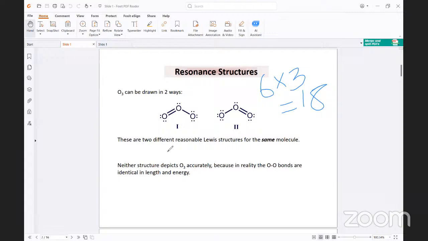So if we decide to go by the structure on the left, which is this one, what I'm going to do is position the oxygen in the 3 positions as presented. So you have oxygen, the central atom, then the terminal atoms of oxygen.